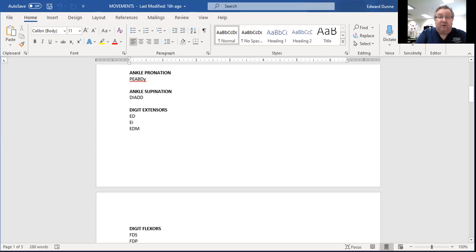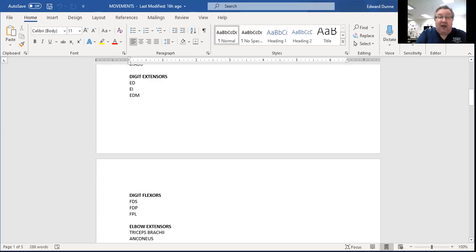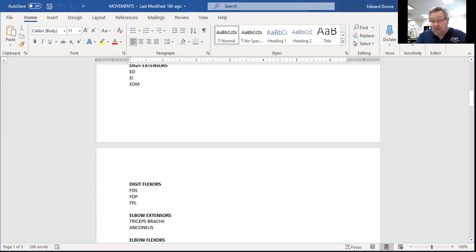At the fingers, we have flexion and extension at the digits. They very rarely ask you questions about the toe flexors and extensors, but they will ask you about the fingers.